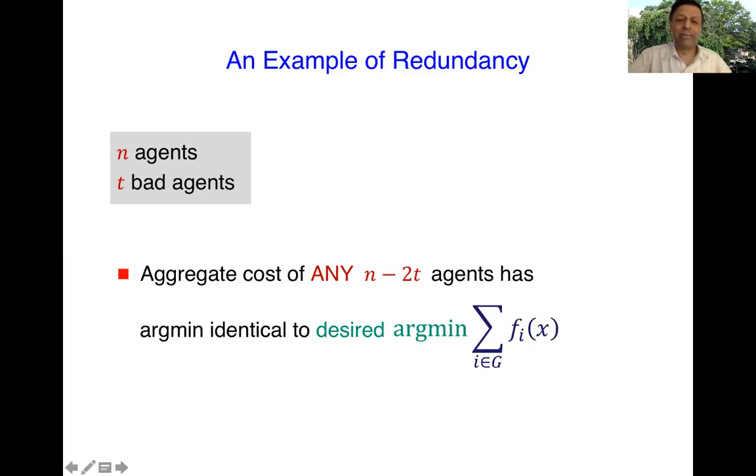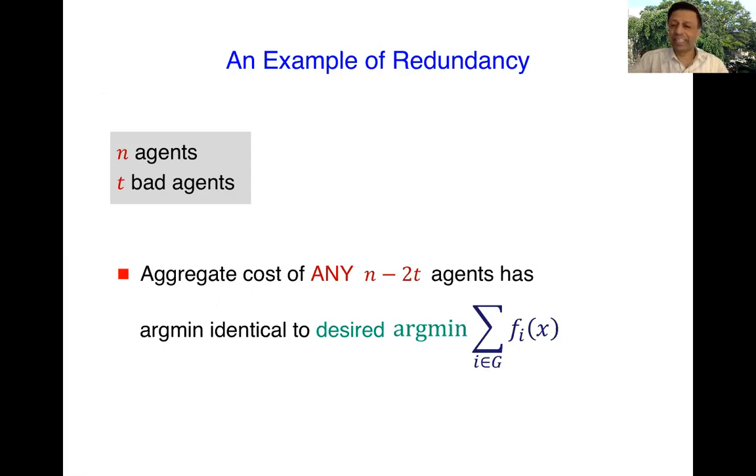And here is how I'm going to define the redundancy. The redundancy condition here says that the aggregate cost of any n minus 2t agents, so in my example, n is equal to 10, t equal to 2, so n minus 2t is equal to 6.